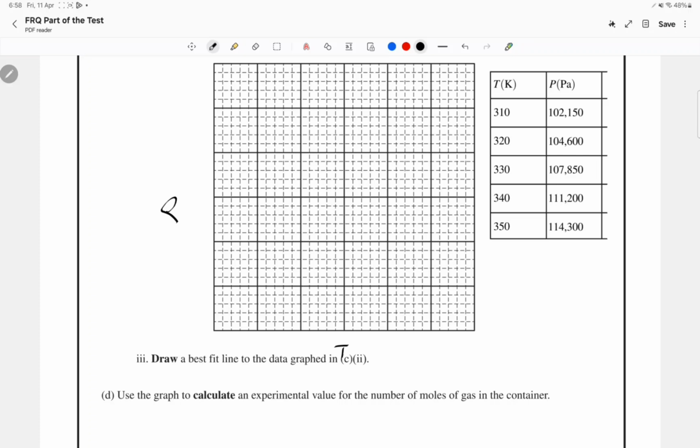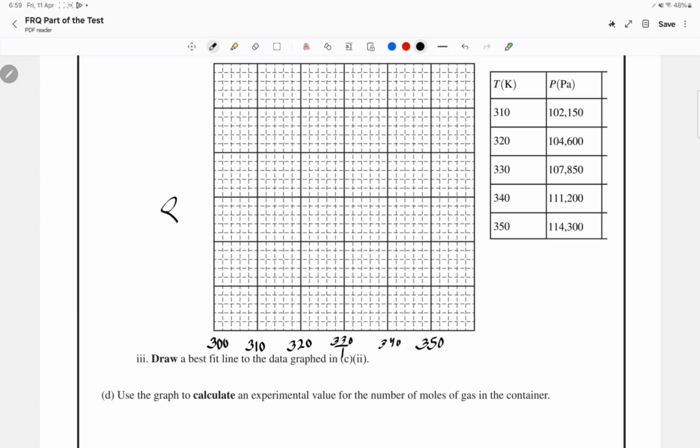Now, my lowest temperature is 310. So I'm going to start at 300. That means each big line is 10 points. So 300, 310, 320, 330, 340, 350.